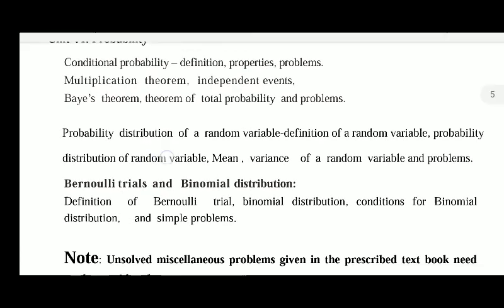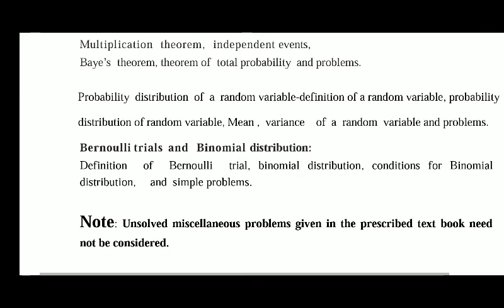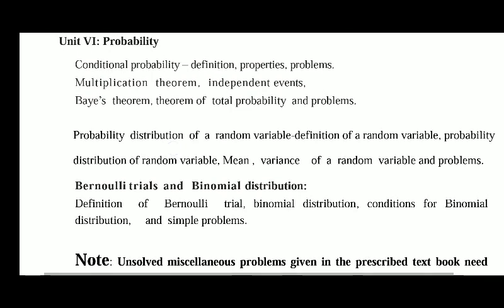You are going to study the mean and variance of a random variable and its problems. These are all 5 marks questions on the random variable, the mean and the variance of the random variable.